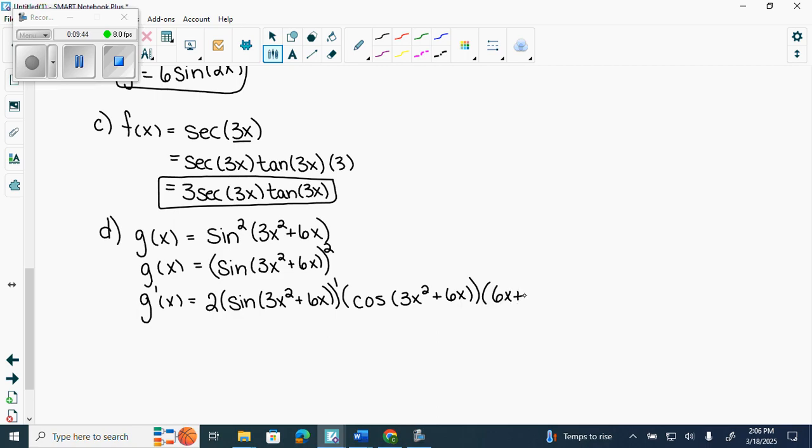6x plus 6. Can I do anything with that 6x plus 6? You take the 6 out and bring it to the front. So we'll get g prime of x equals 12, x plus 1, sine 3x squared plus 6x, cos 3x squared plus 6.